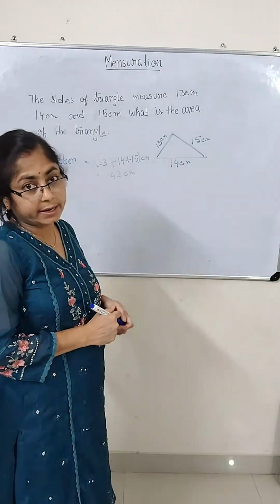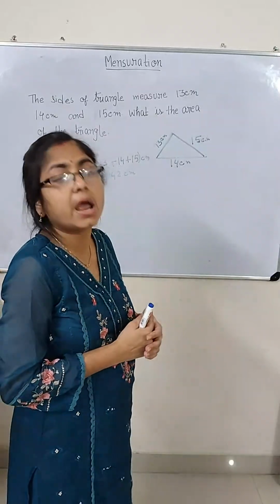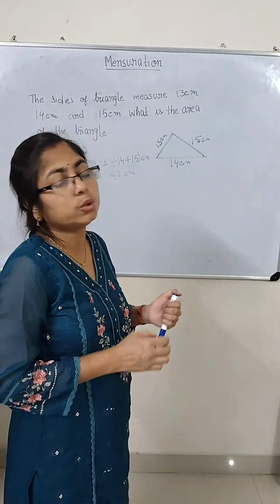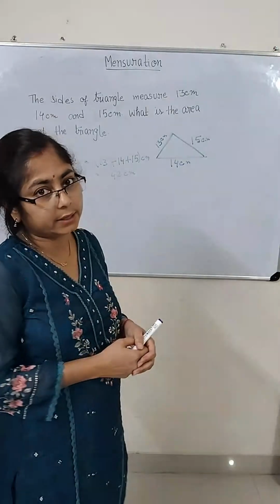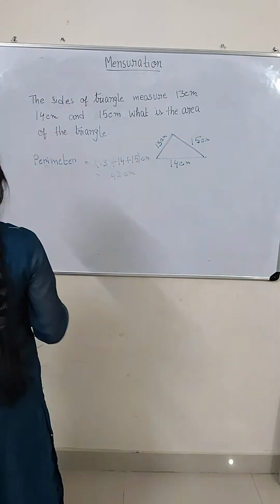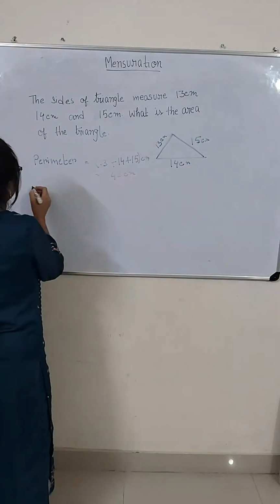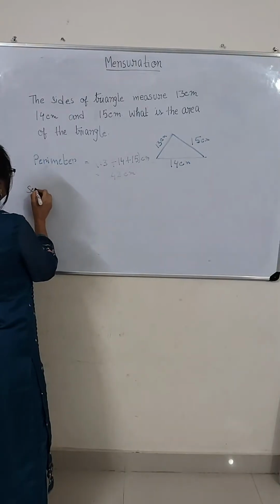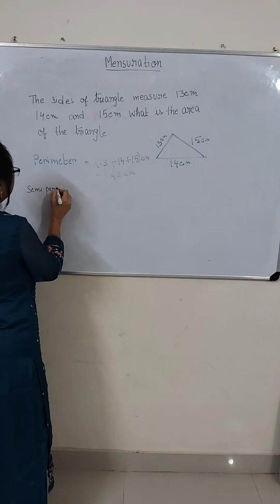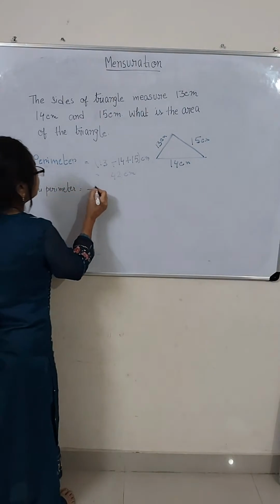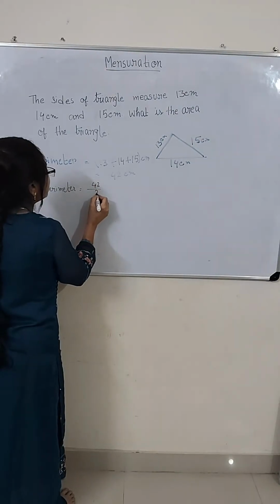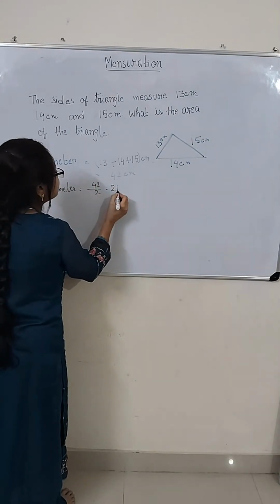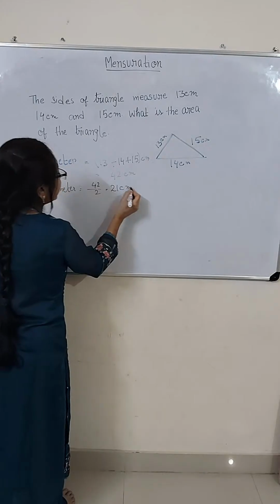Now you divide. S means not perimeter, it is the semi-perimeter. So you divide it by 2 and find the semi-perimeter. 42 by 2 means 21 centimeter. Okay.